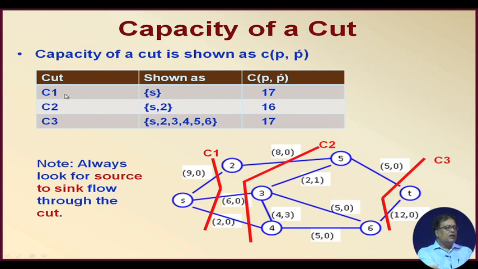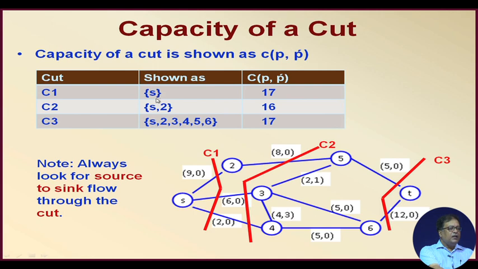So, if the cut set is (P, P bar), then the capacity of the cut set is C of (P, P bar). But interestingly, P bar is nothing but the rest of the nodes other than P. Whatever nodes are there in P, the remaining nodes will be P bar. So, it is very easy, therefore, you simply write the P side of the nodes to express a cut set, that is the simplest way.